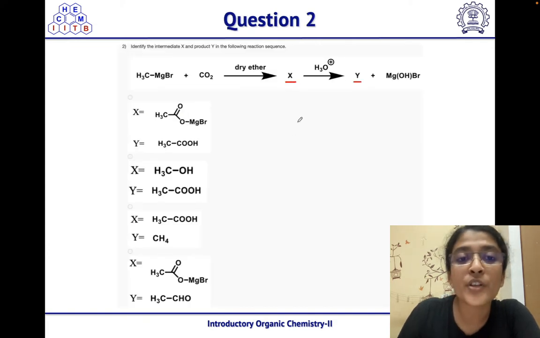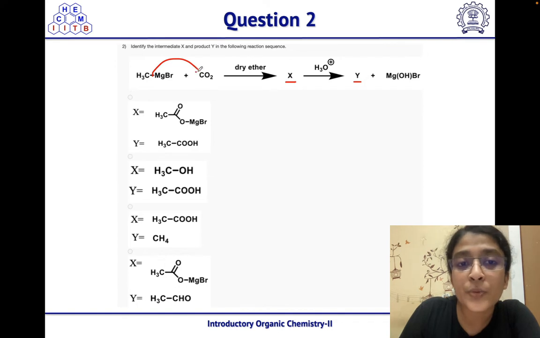So, coming to our question, they have given CH3MgBr and carbon dioxide. If this CH3 undergoes nucleophilic addition to this carbon dioxide, it will lead to formation of this species CH3COO minus MgBr plus.